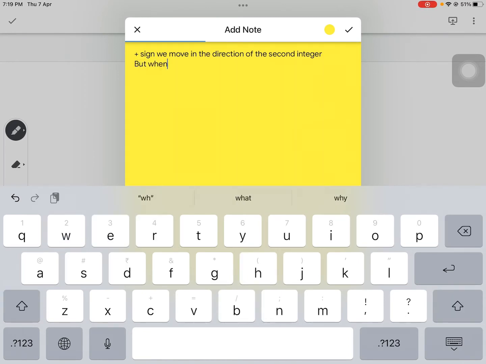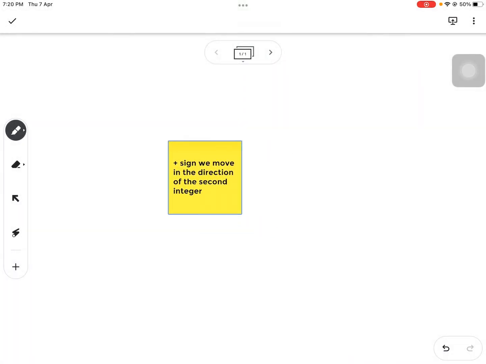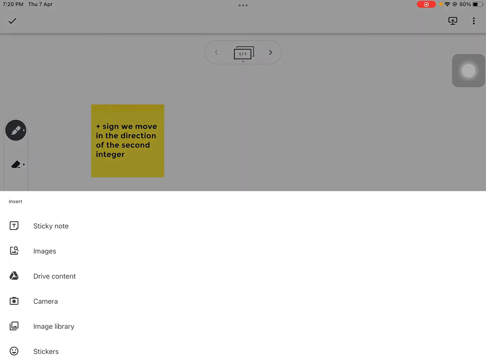But when we have the negative sign, we move the... Now we are going to make another sticky note and stick it here.